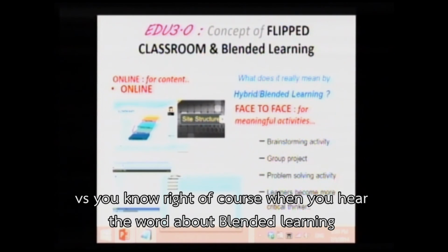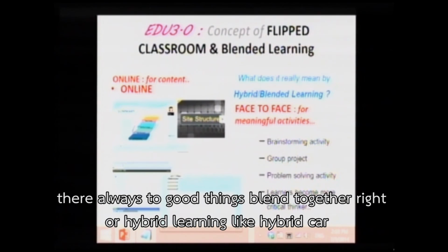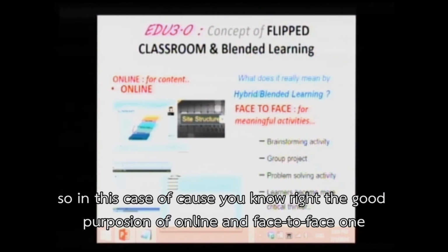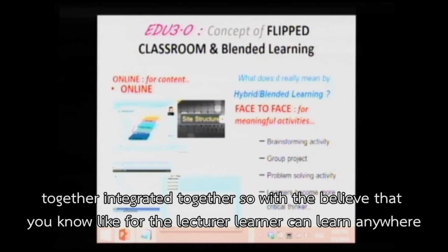Of course, when you hear the word blended learning, there are always two good things blended together, right? Or hybrid learning, like a hybrid car, two good things like gas and electrical power together, right? So in this case, of course, we use a good proportion of online and face-to-face together, integrated together.